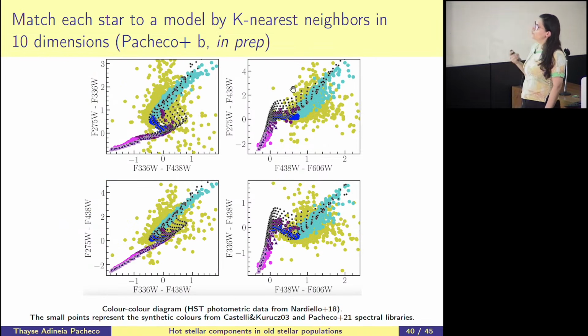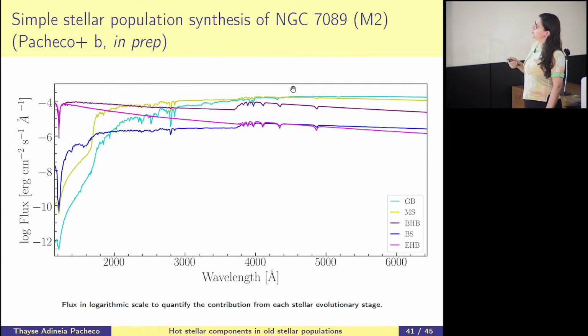So again, we did a match between each observed color and a model, and we built the simple stellar population synthesis for each evolutionary phase.